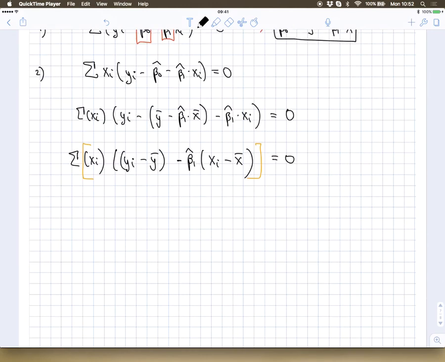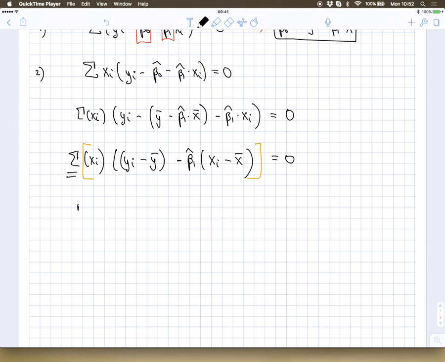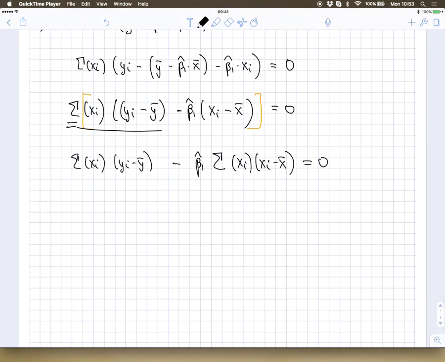Well, the summation notation is a linear operator. So I can bring it out and put it on the other side. So I could just write here sum of xi, yi minus y bar, the first part, minus, since beta 1 hat is a constant, it can be pulled out of the summation notation, sum of xi times xi minus x bar, is equal to 0. Agree? I'm done now. I can send this to the other side and divide both sides by this.